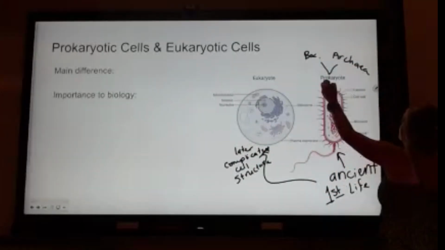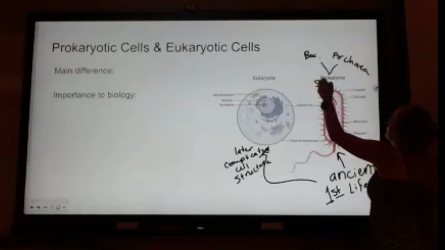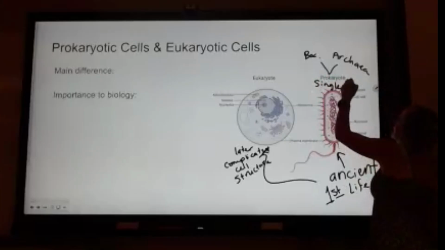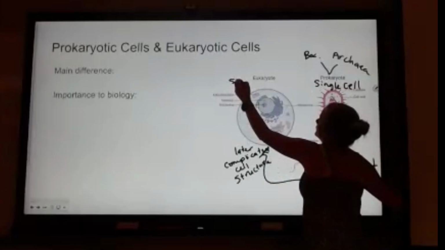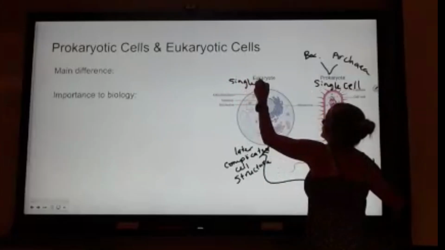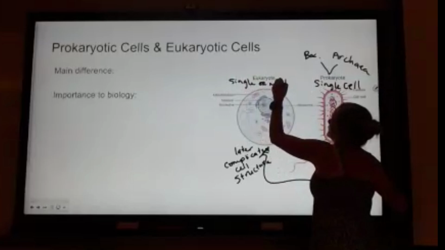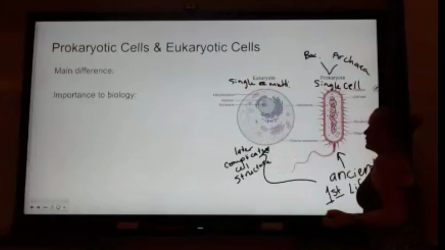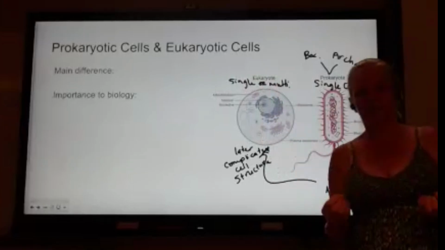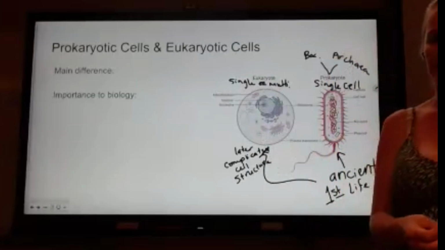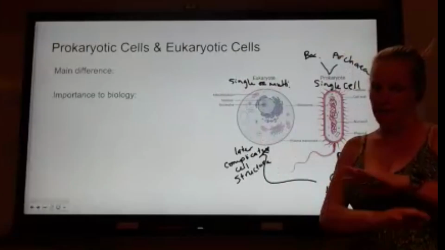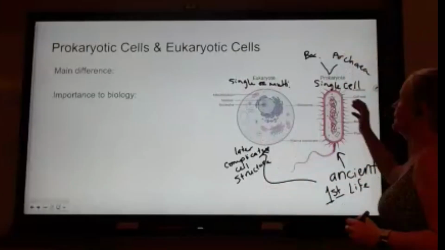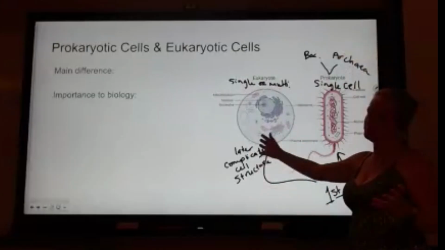All kinds of prokaryotes are always single cell. Eukaryotes can be either single or multi-cell. So the only kinds of multicellular life are eukaryotic cells. You can't be a prokaryote and be multicellular, but you can be a eukaryote and be single cells. Okay.